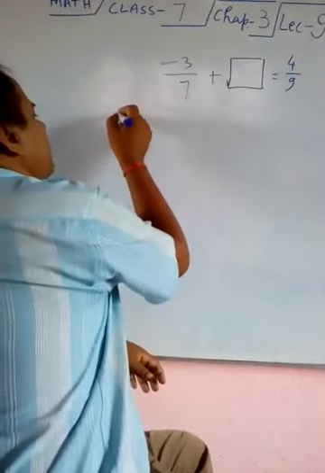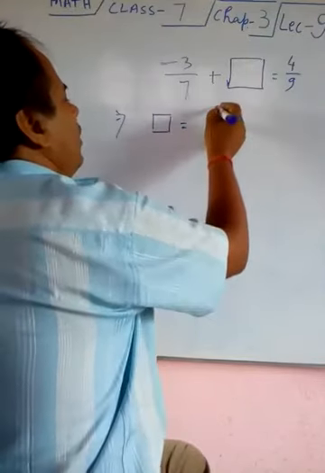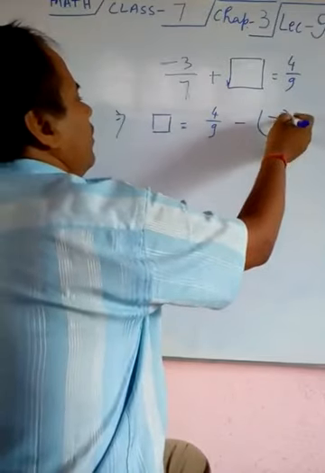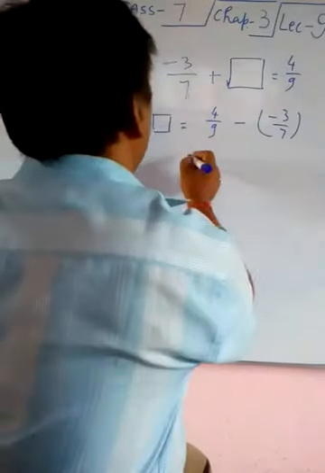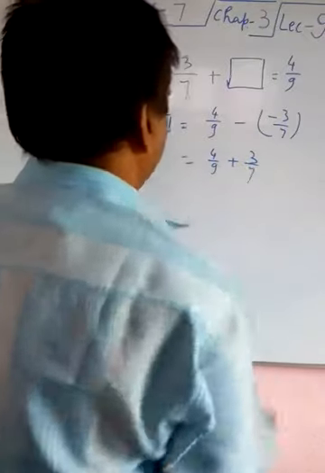That means this box is equal to 4 by 9 minus of minus 3 by 7, is equal to 4 by 9 plus 3 by 7.